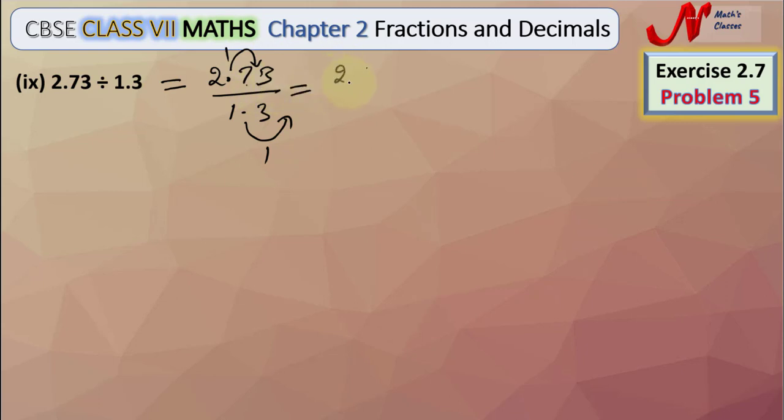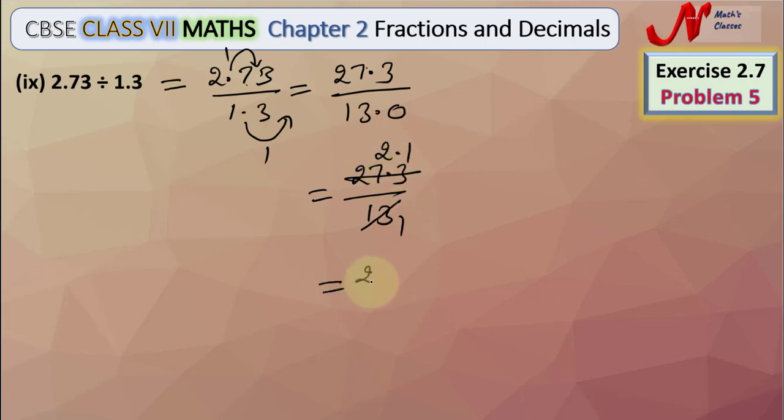So it can be written as 27.3 by 13.0, or 27.3 by 13. 13 ones are 13, 13 twos are 26. 13 ones are 13. So it can be written as 2.1 by 1, which is equal to 2.1. Therefore, 2.73 divided by 1.3 is equal to 2.1.